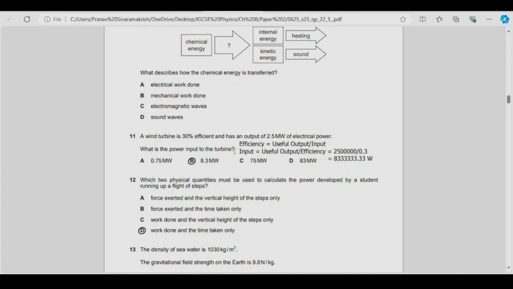So if we rearrange the equation to make the input the subject, you would have the useful output divided by the efficiency. 30% is essentially 0.3. So if we divide 2.5 megawatts by 0.3, that gives us around 8.3 megawatts. Again, I've expanded it out here to show the answer in watts, but the final answer they want is in megawatts. It's around 8.3 megawatts. If you supply this wind turbine with 8.3 megawatts of wind energy, you get around 2.5 megawatts back.